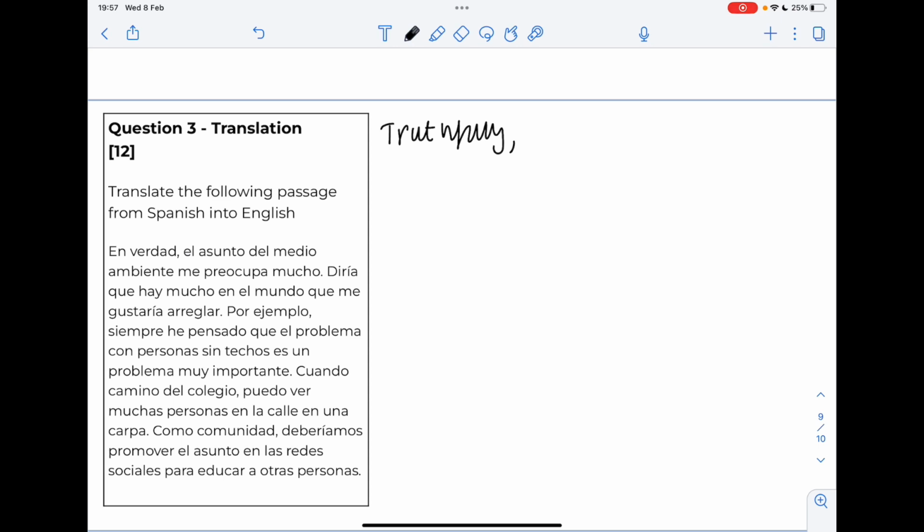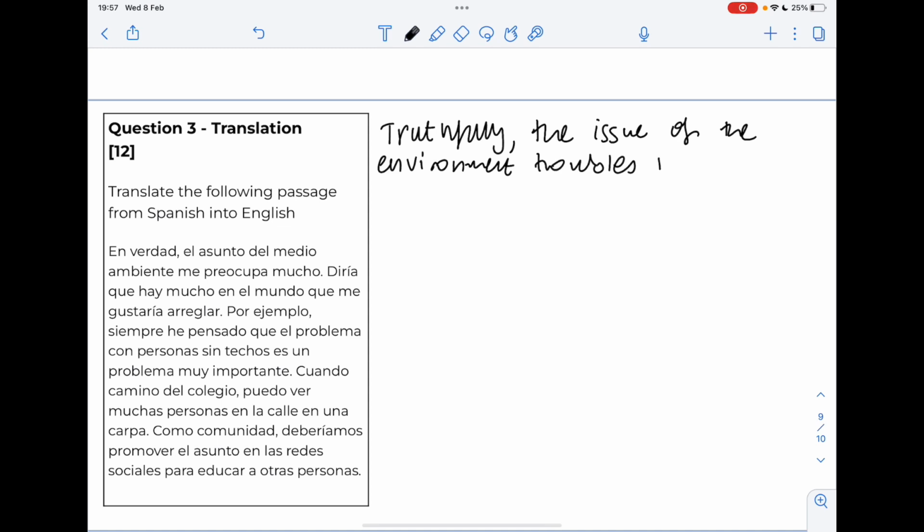Asunto means issue. So the issue of del medio ambiente is just the environment. The issue of the environment troubles me. You can say troubles me, worries me. It's just that part here, me preocupa. And then that mucho, obviously, you need that intensifier.